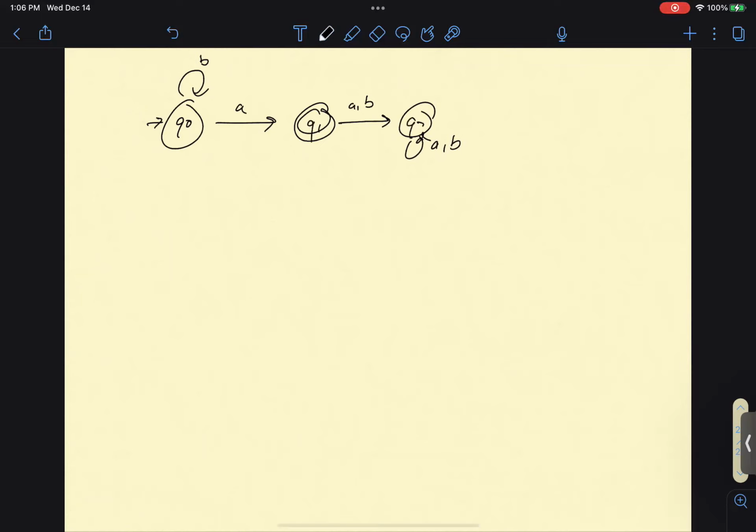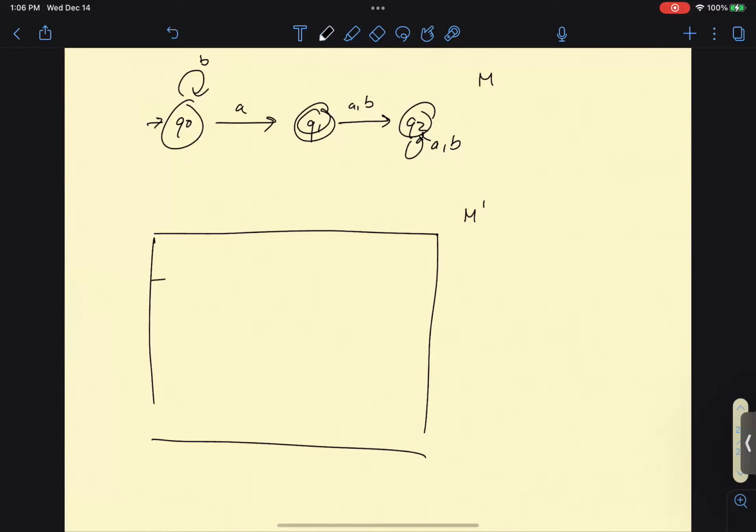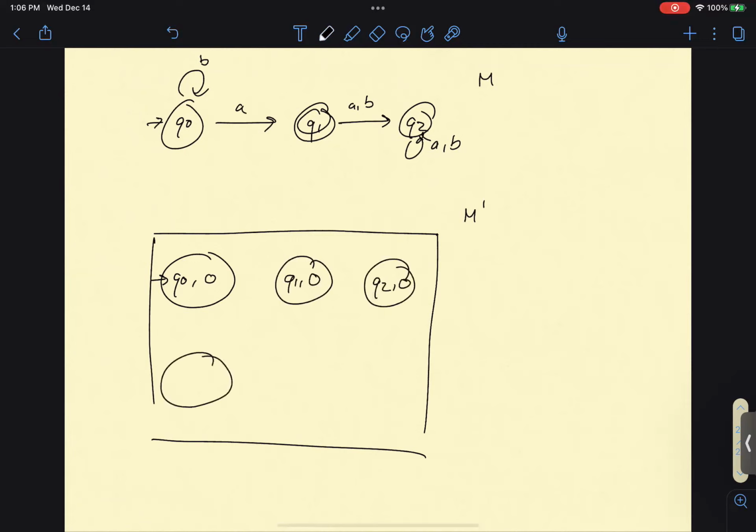So imagine this is the original machine, M. Now I'm going to build M prime. What I need then is Q0 odd, Q1 odd, and Q2 odd, and then Q0 even, Q1 even, and Q2 even.